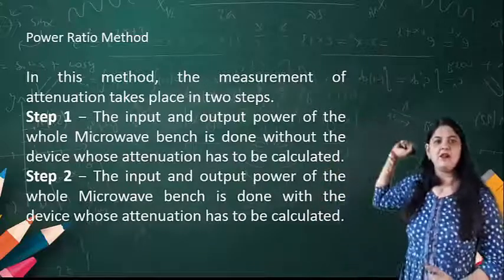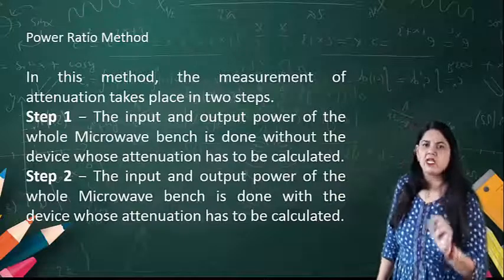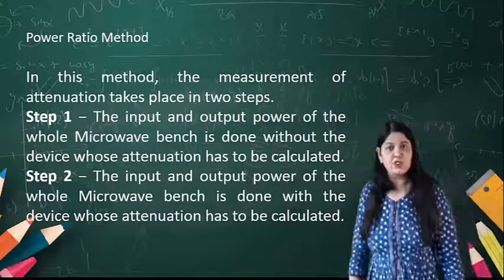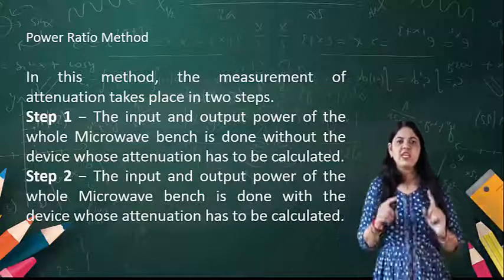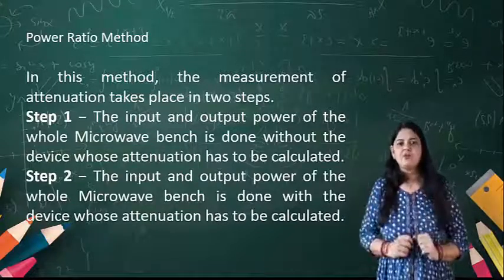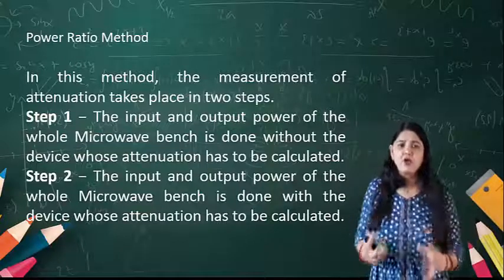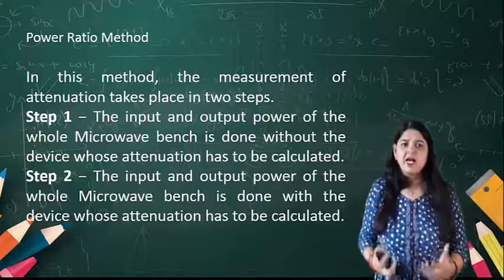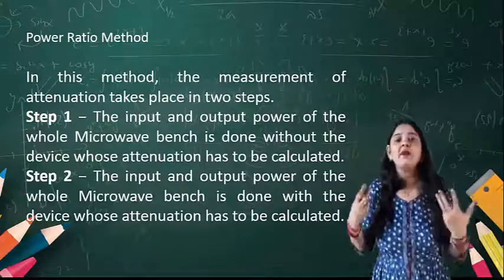Now in this method, the measurement of the attenuation takes place in two steps. Which are those two steps? It's very simple. In step number one, the input power and the output power are measured in the microwave bench without inserting the device whose attenuation is to be calculated.